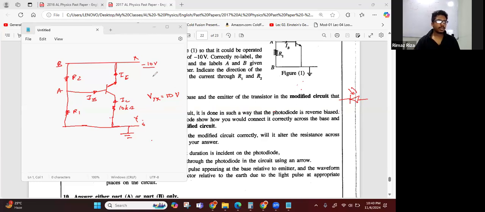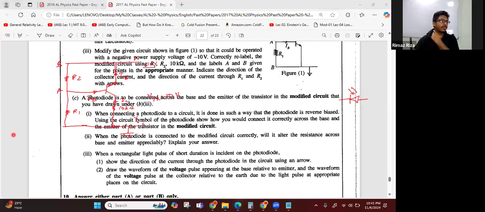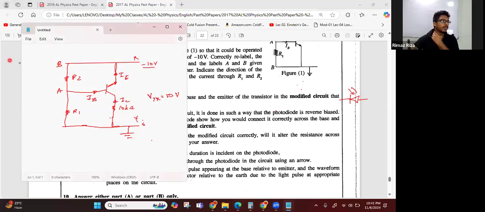So this one should be connected such that the photodiode is reverse biased, across the base and the emitter of the transistor in the modified circuit. Let's identify what is base. So this is base and this is emitter.